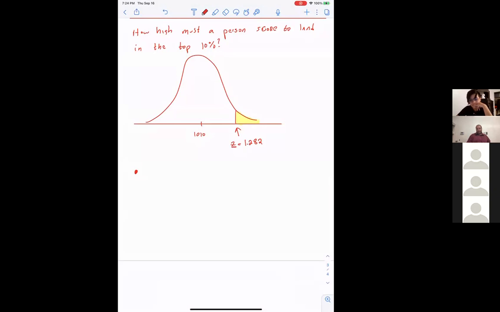That's when you would plug it into the equation. What equation? The one to calculate the z-score, so z equals x minus mu divided by the standard deviation. Okay, so if I want to rearrange this to solve for x, what would it be?